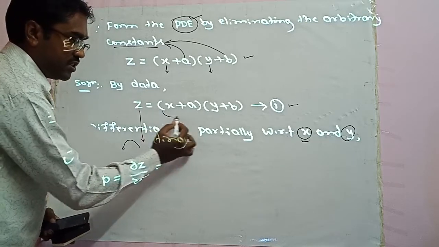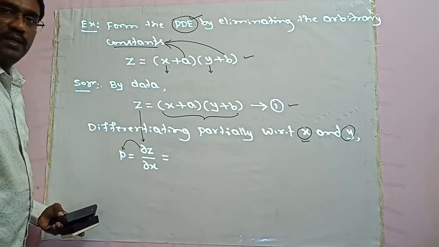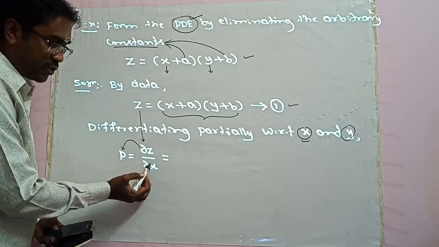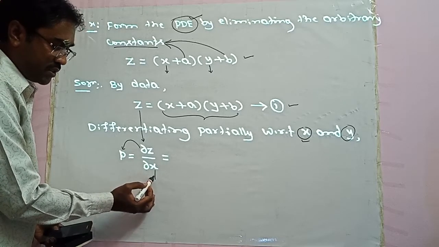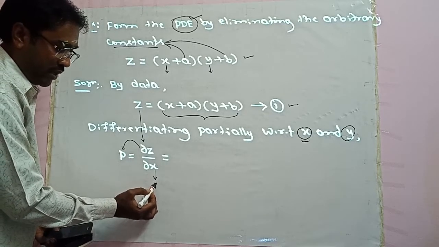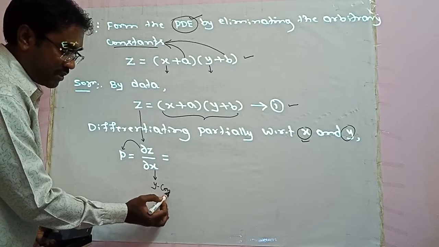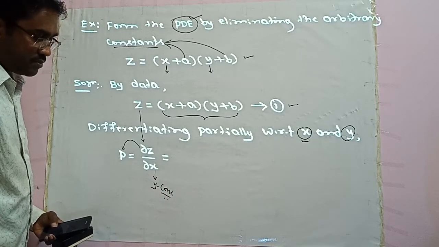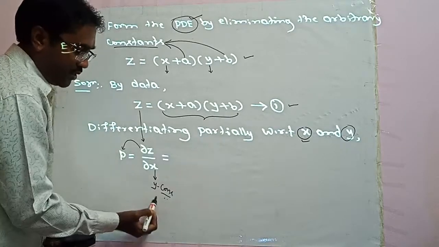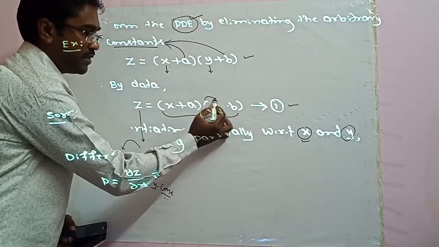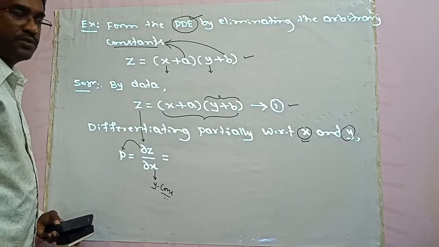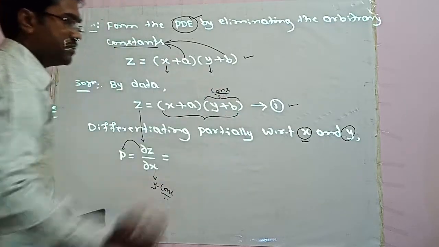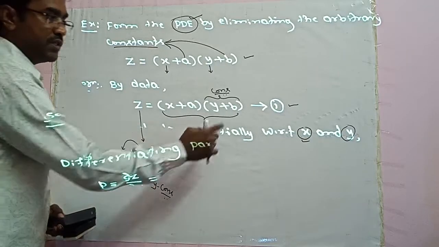Now let us differentiate this also with respect to x. We all know when you are differentiating with respect to x partially, y remains as constant. If you treat y as constant, this complete term will be a constant. So how do we differentiate a constant?